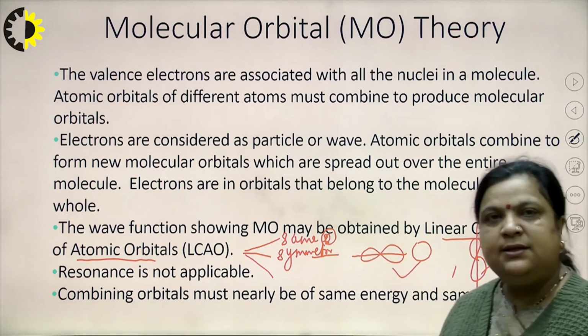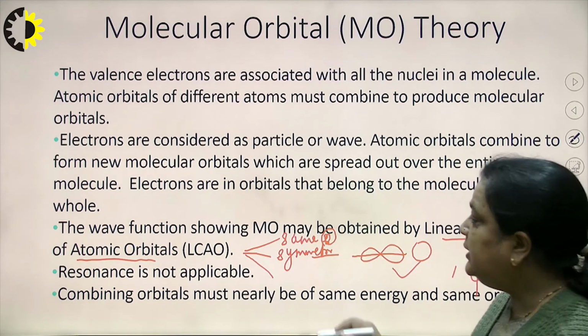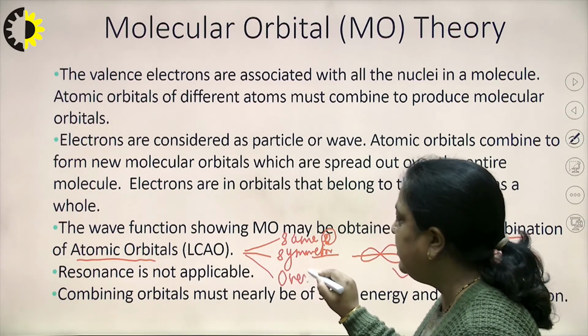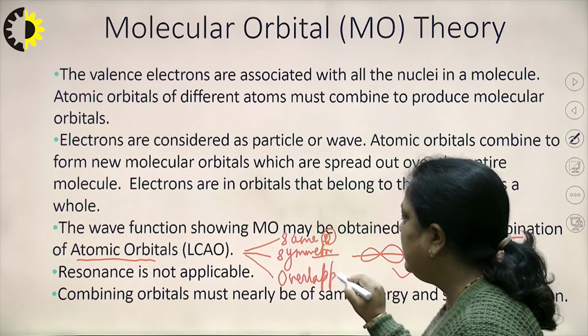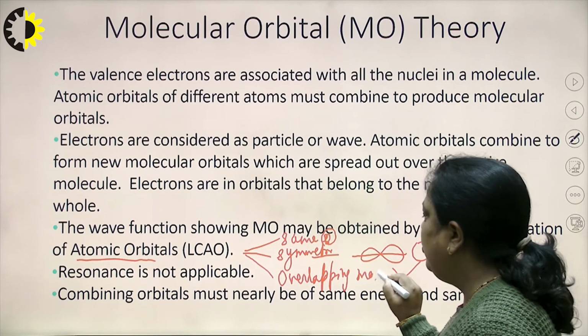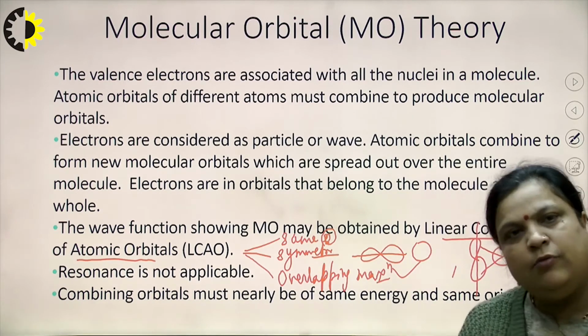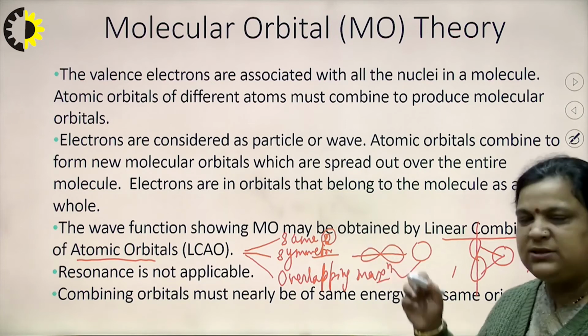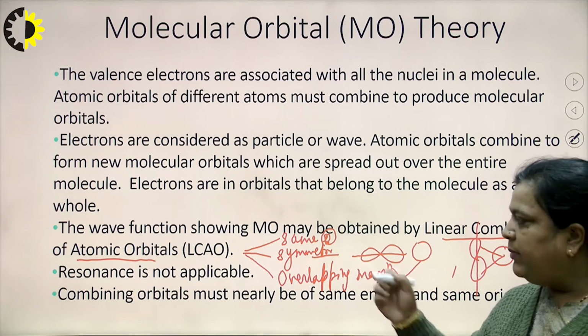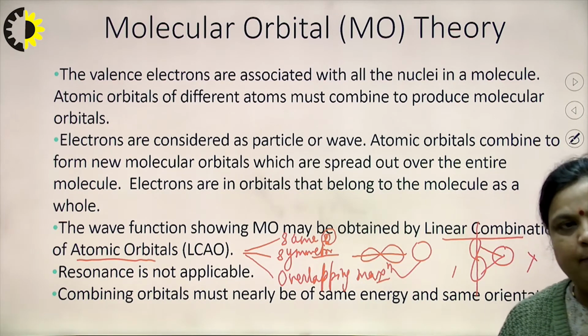So, second, it should be symmetrical, and third, overlapping should be maximum. So, this is the rule or we can say limitation for combination: approximately same energy, symmetry, and maximum overlapping.